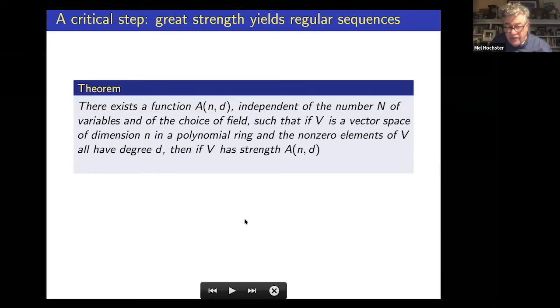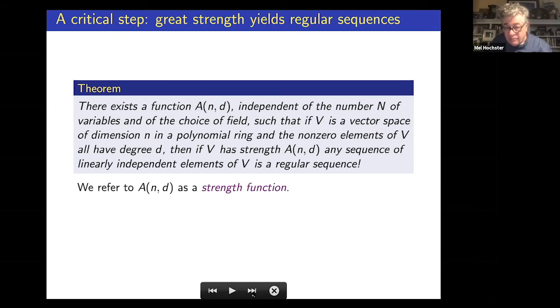If the strength of that vector space is this big, now this is bounded compared to capital N, but in practice, it still might be a very big number. But if you have enough strength, then any sequence of linearly independent elements in V is a regular sequence.